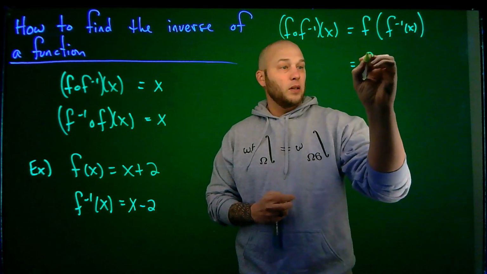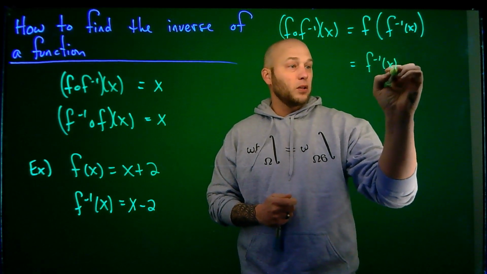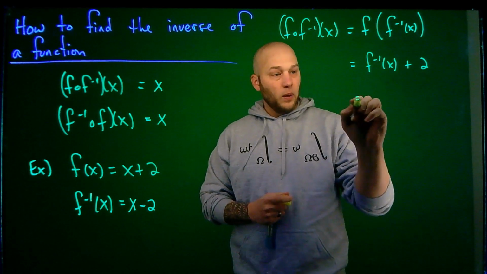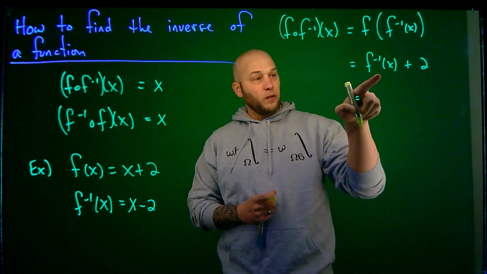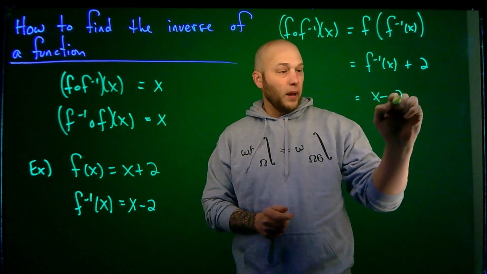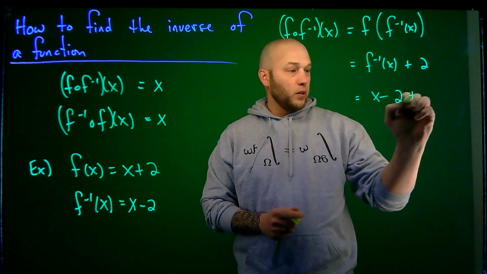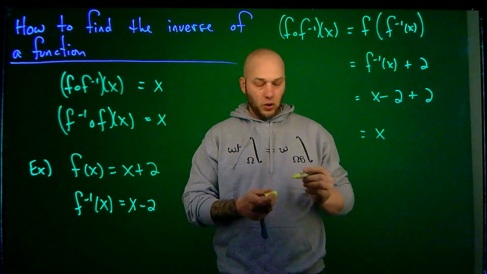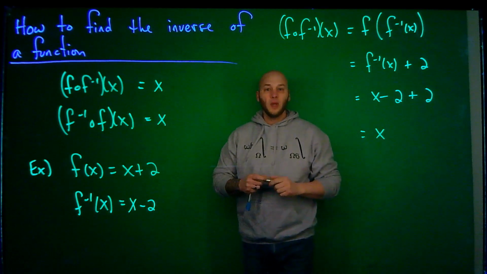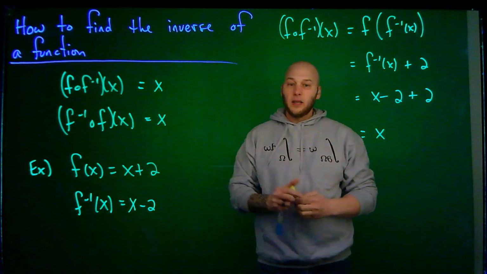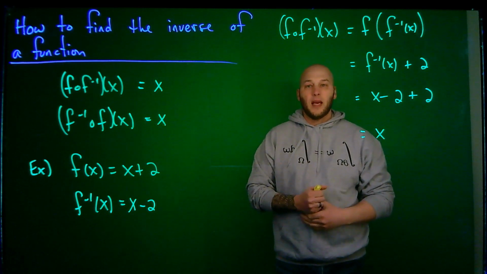That means I'm going to take f inverse of x and add 2. Now, let's replace the expression for the inverse with the expression that we stated down here, which is x minus 2, and then we still have the plus 2. Notice that the minus 2 plus 2 cancels, leaving just x. Again, illustrating the idea that the consecutive operations are going to cancel.